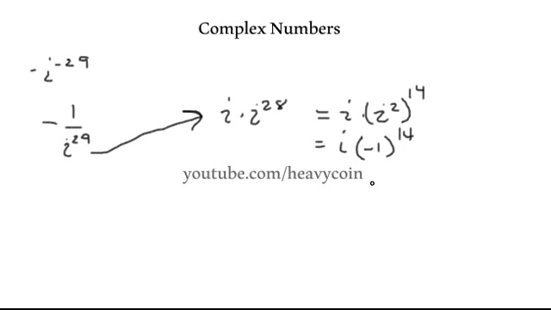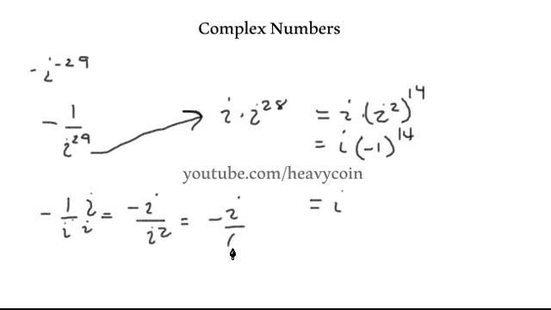And -1 raised to the 14th is a positive 1, so we're just left with an i here, so that's just going to be -1 over i. And of course, we multiply the top and the bottom by i, so we have -i over i squared, and negative i over negative 1. So this all reduces down to just i. Right? Negative over negative is positive. So this is equal to i.